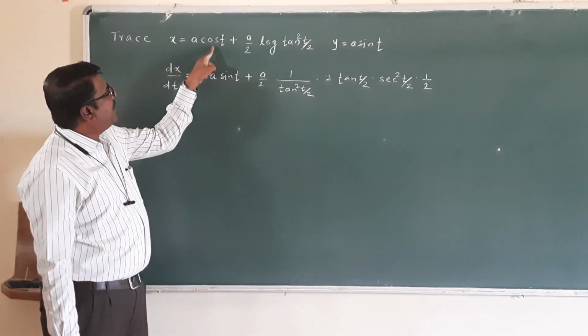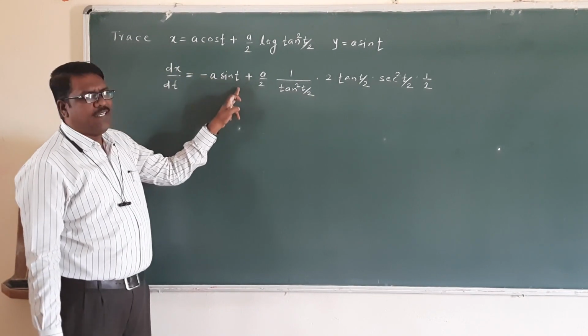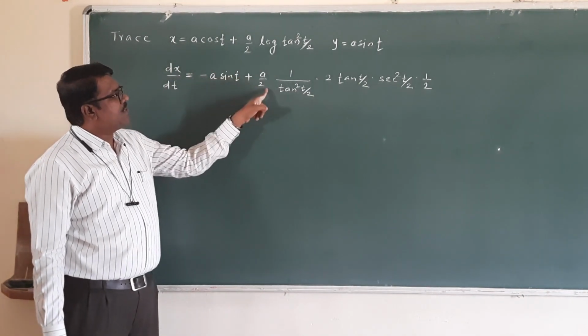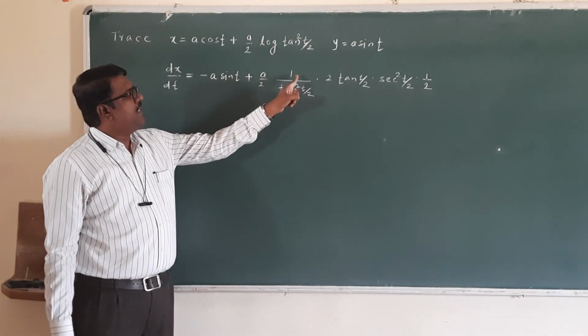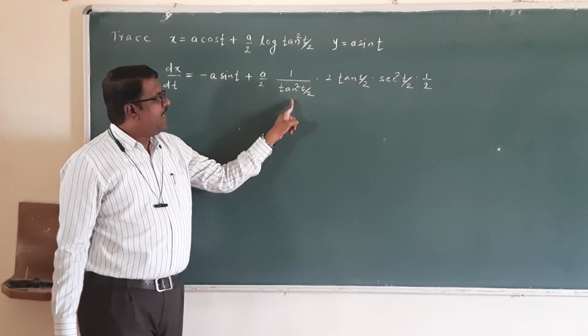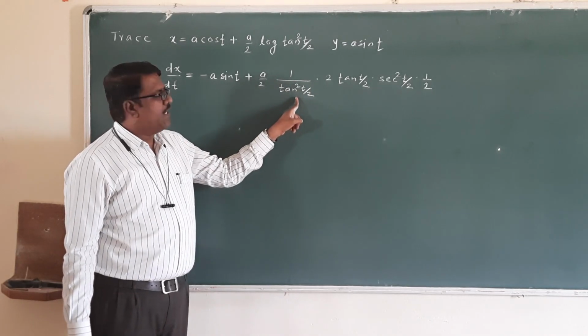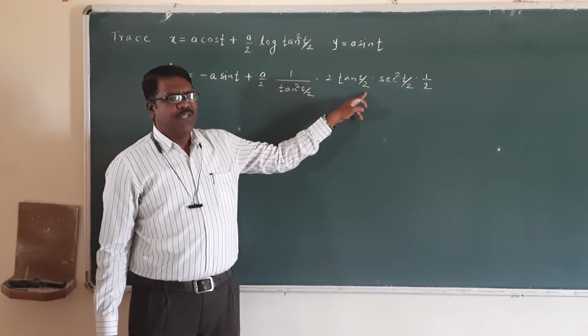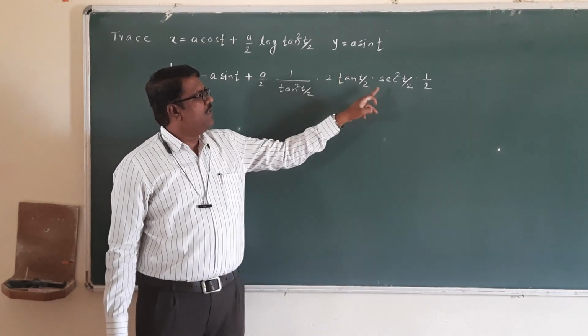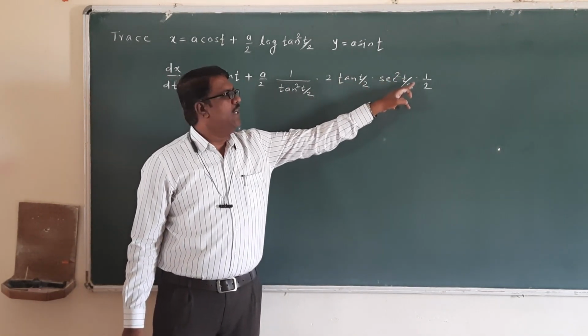So differentiate this x with respect to t. So derivative of a cos t is minus a sin t plus a by 2 constant, keep it as it is. Derivative of log of something is 1 upon something into derivative of something. So derivative of tan square t by 2 is 2 tan t by 2 into derivative of tan t by 2 is sec square t by 2 into half.